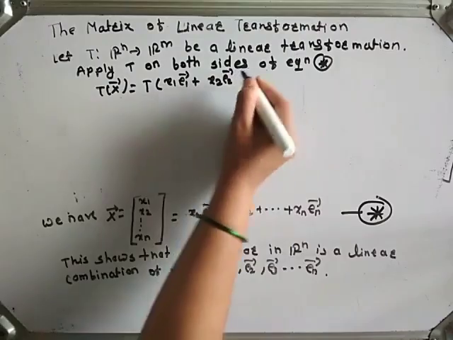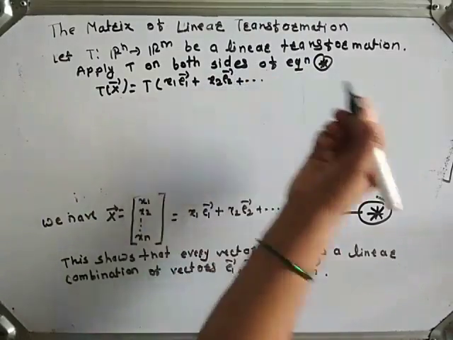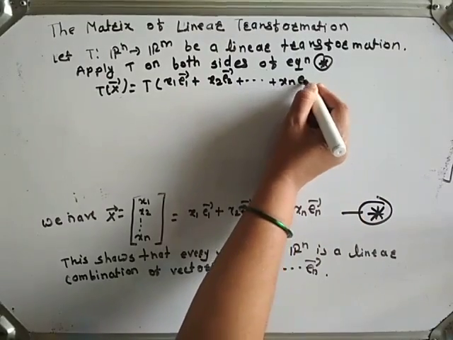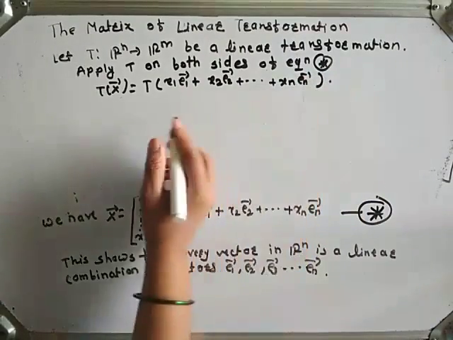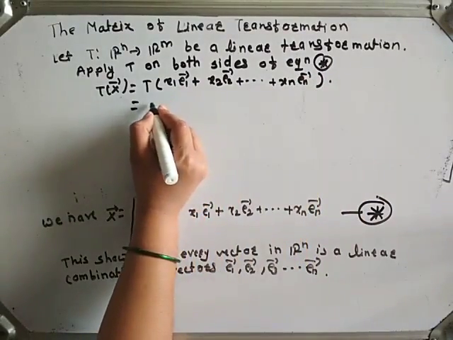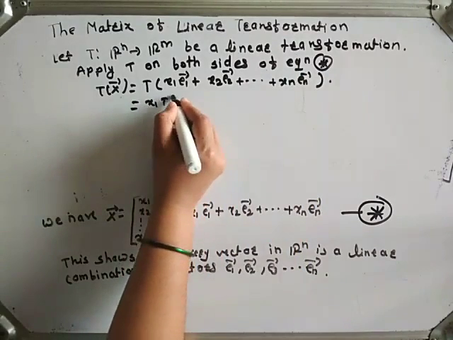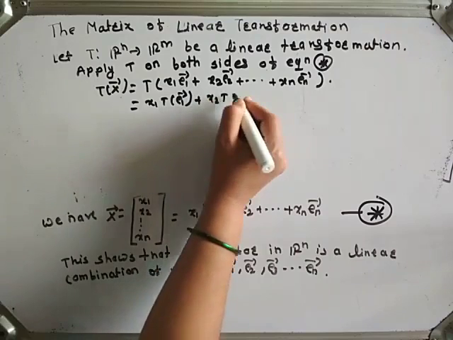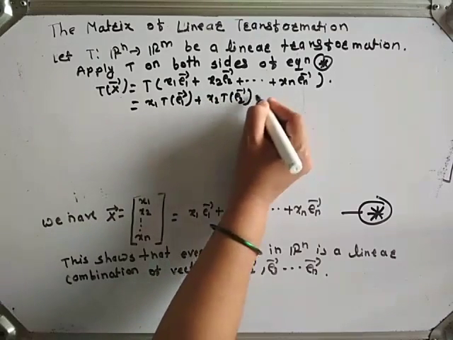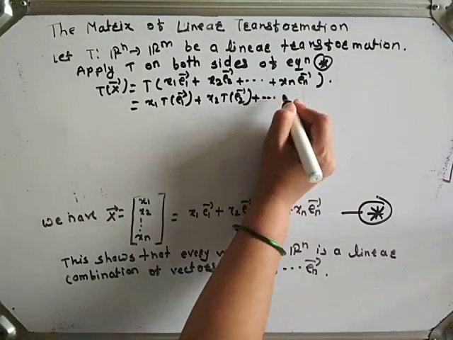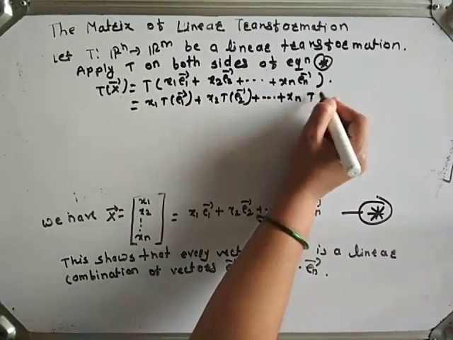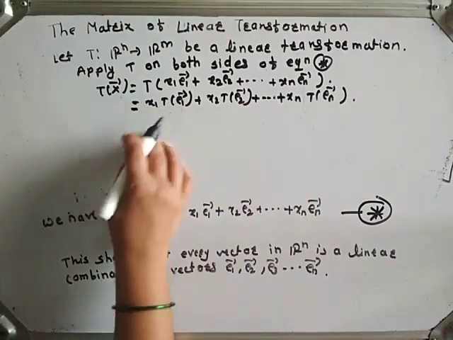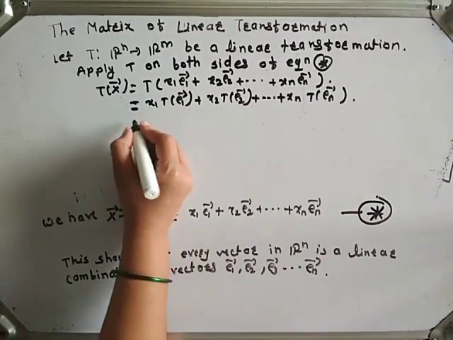into E2 bar plus and so on up to plus xn into En bar, which is equal to x1 into T of E1 bar plus x2 into T of E2 bar plus and so on up to xn into T of En bar by definition of linear transformation.